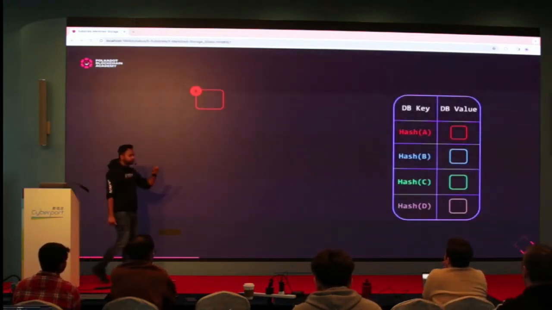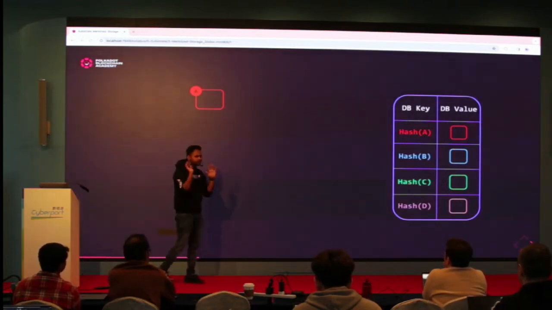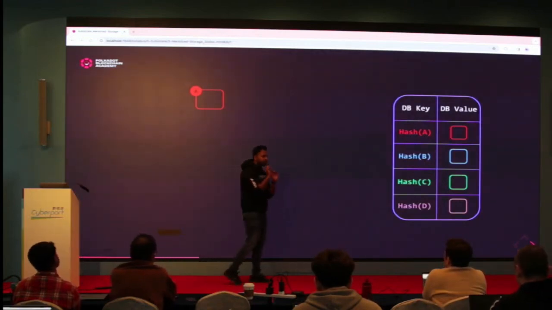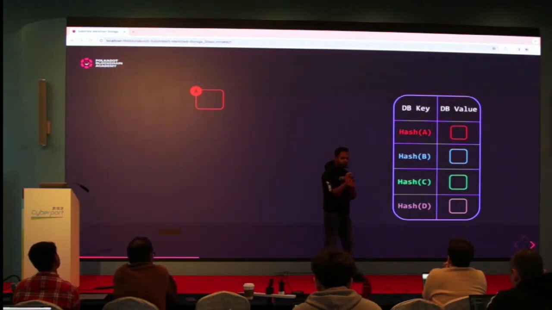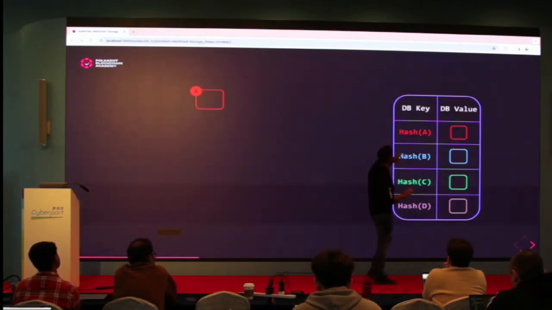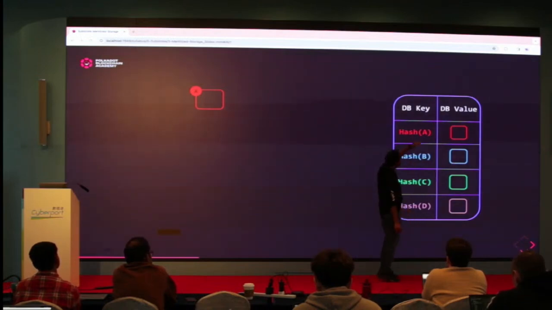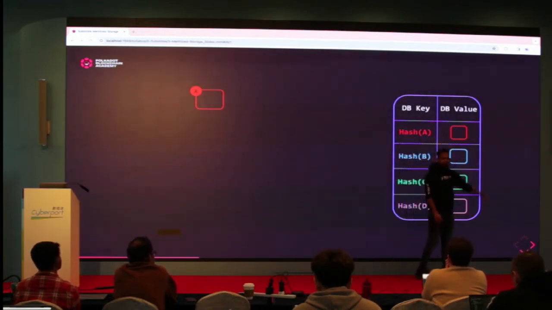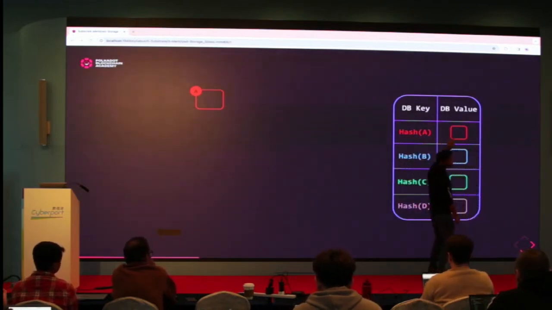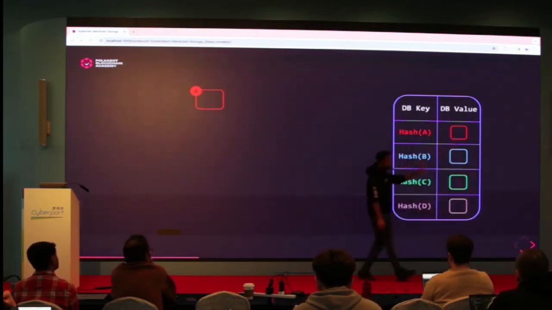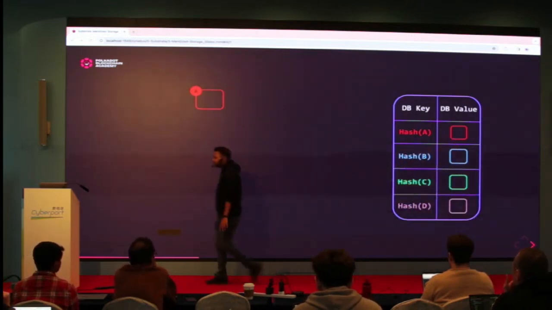First thing we will do, we know the state root, right? We have it saved somewhere in a well-known, hard-coded, let's say, storage key. State root is a hash. We read the hash from the database. We get some value. All good till now? This value is an encoded node. You decode it, and you get some value.